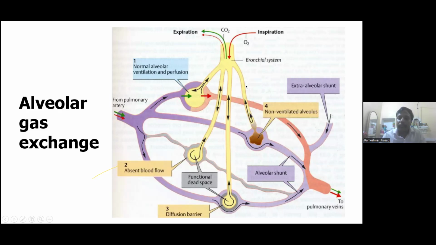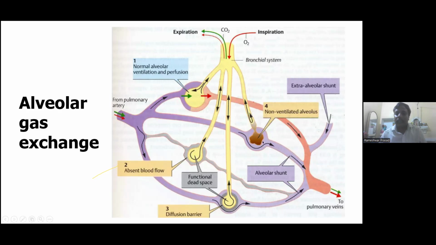And the 4th type of alveoli are those in which blood supply is good, but there is no ventilation because of secretions and debris, which happens in many lung conditions like pneumonia or RDS.